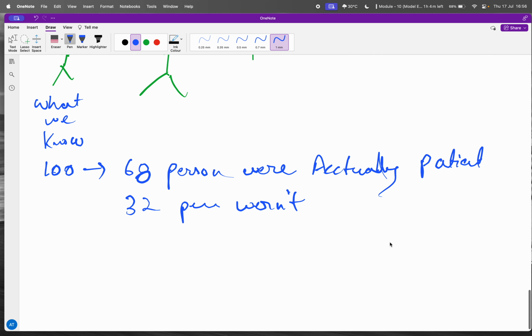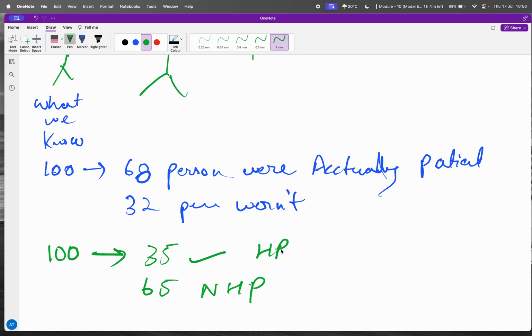Now we'll try to do everything. And what our model told: out of this 100, it classified 35 as heart patient and 65 as not heart patient.